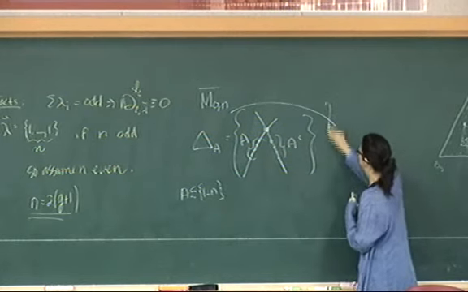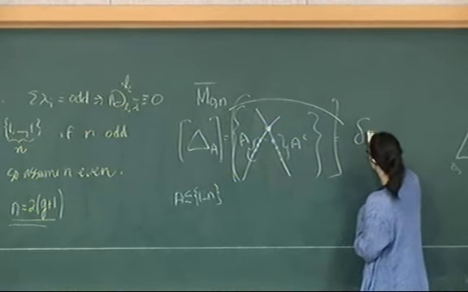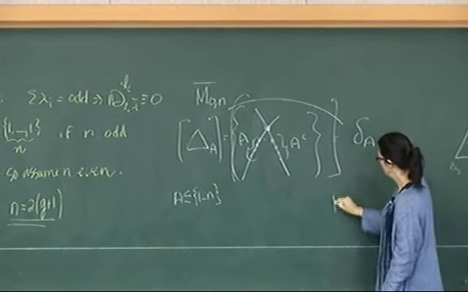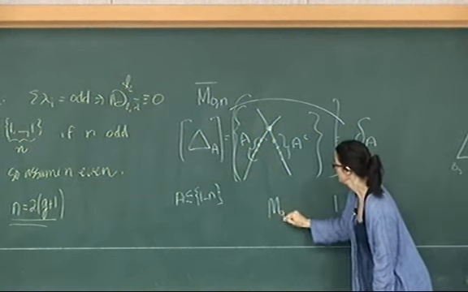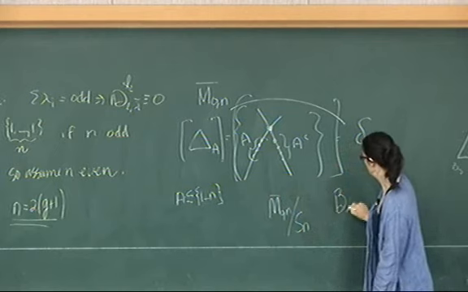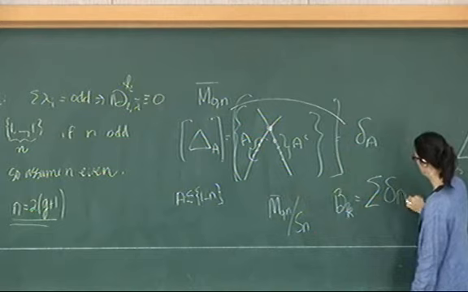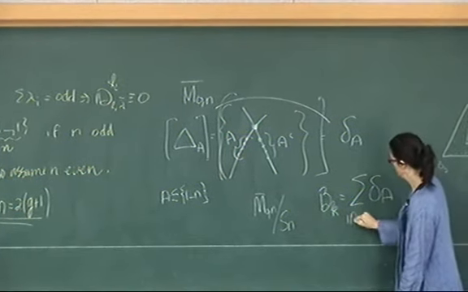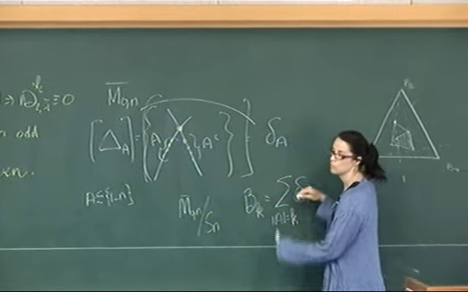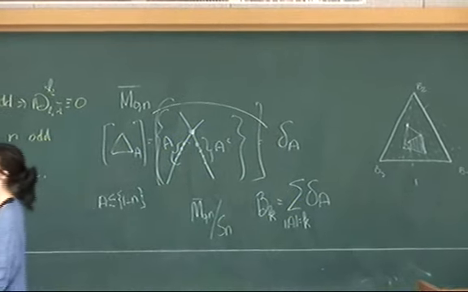So the class of this in the Picard group, I'll call delta A. And if we're looking at M0n mod Sn, then really we just need to sum all these boundary divisors together, these boundary classes of the same size. And those will give us generators for the Picard group.